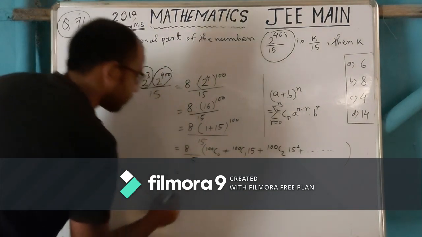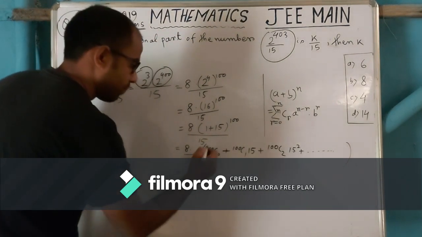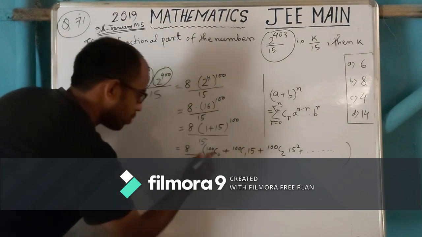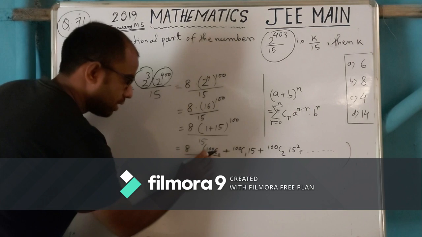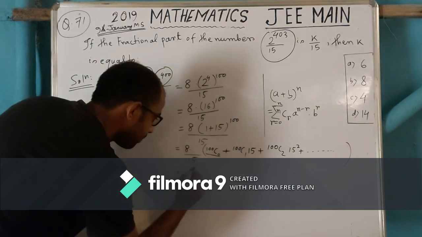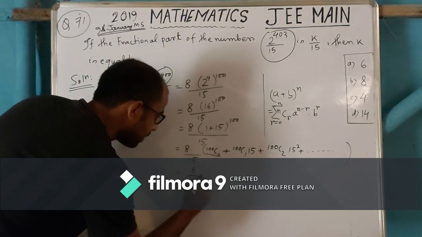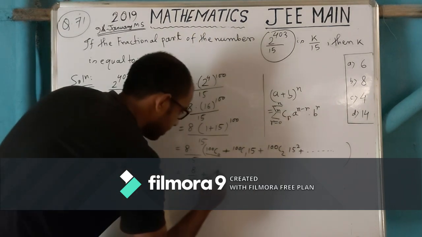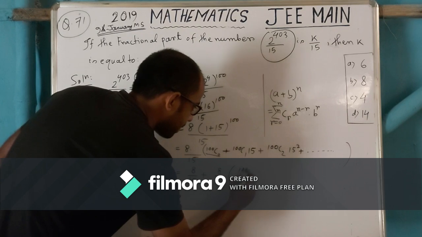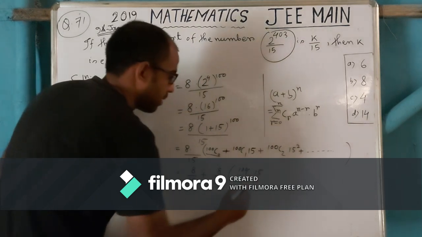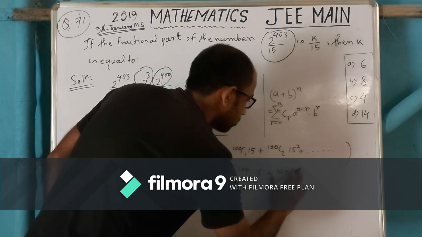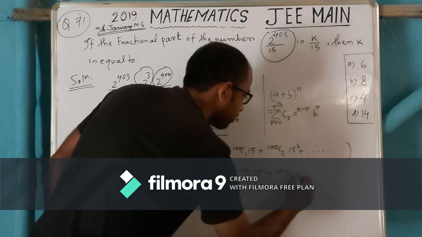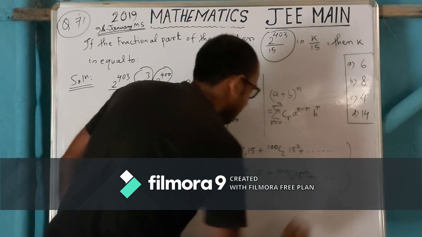We know 100C0 equal to 1, so this value equal to 1. 8 by 15 into 1, that means 8 by 15, and the remaining terms: 100C1 into 15, 100C2 into 15 squared, and so on.